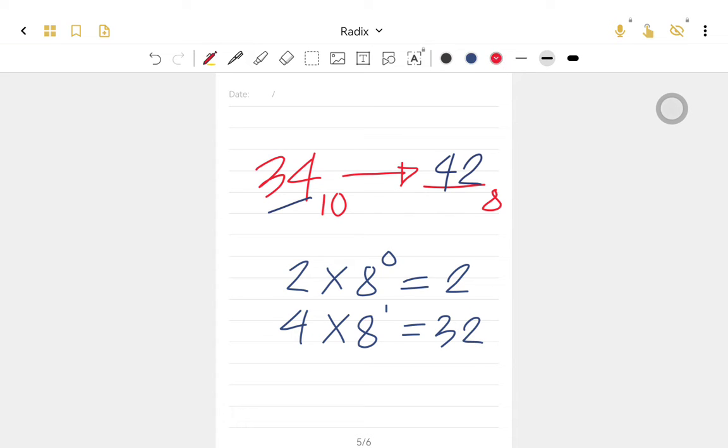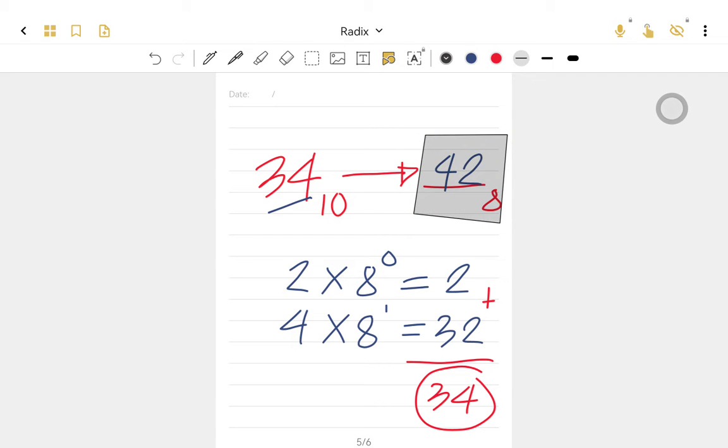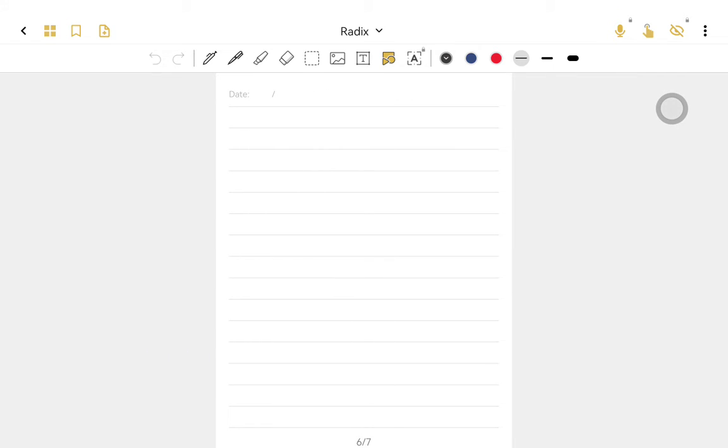And then 2 plus 32 will give you 34. So our answer 42 is correct. So you try this one.